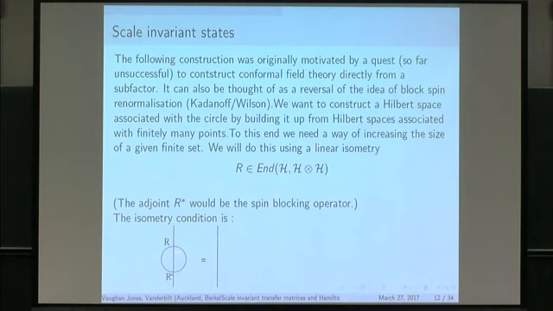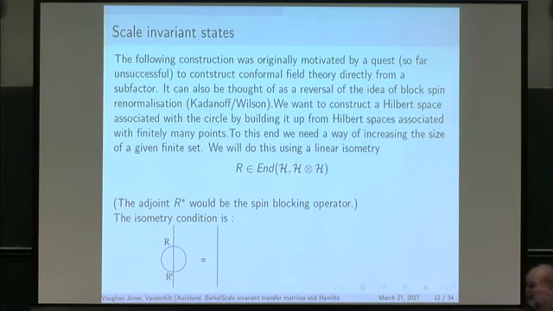Once again, that blue line in the middle is not there, it's just in your mind that it's there. This is the condition R star R is equal to the identity. So that's the key isometry condition expressed in tensor networks of the unit of R.